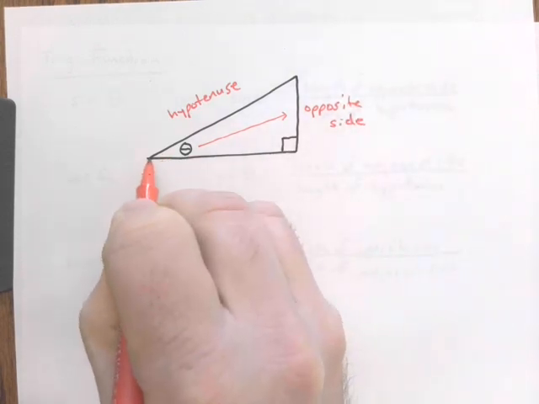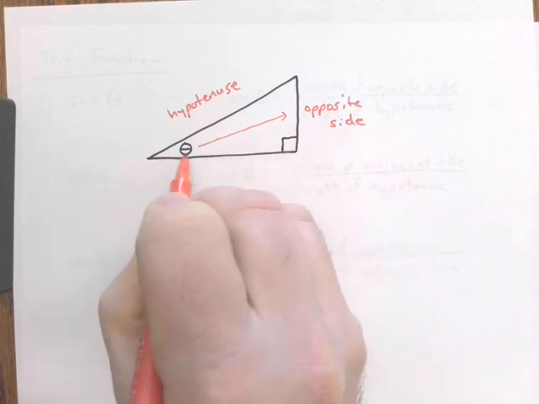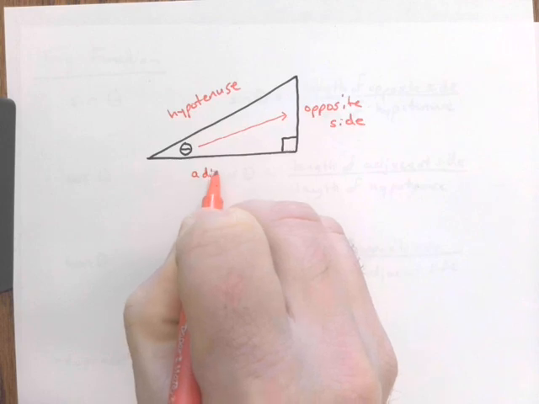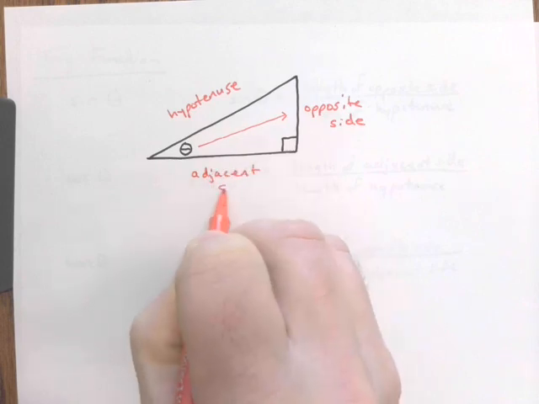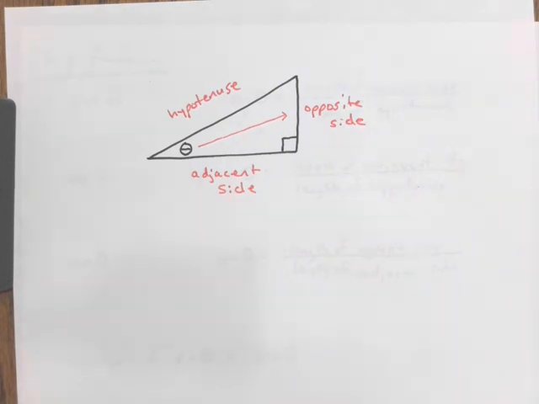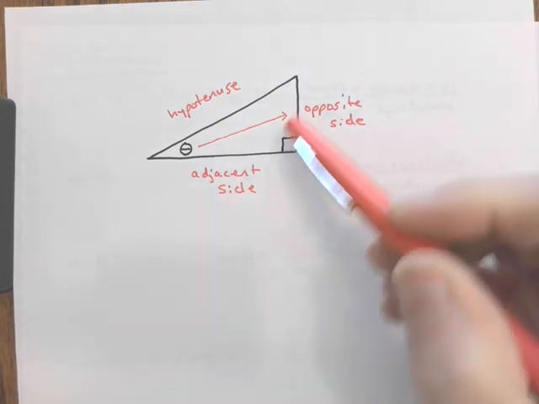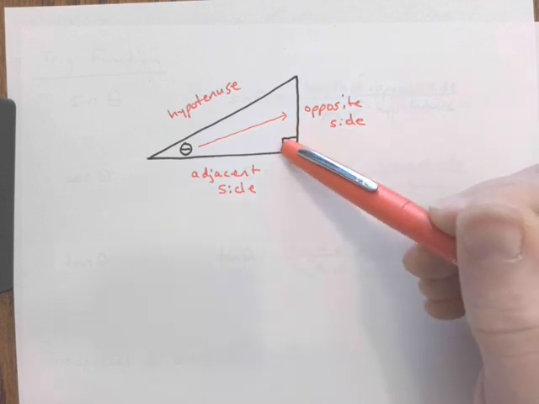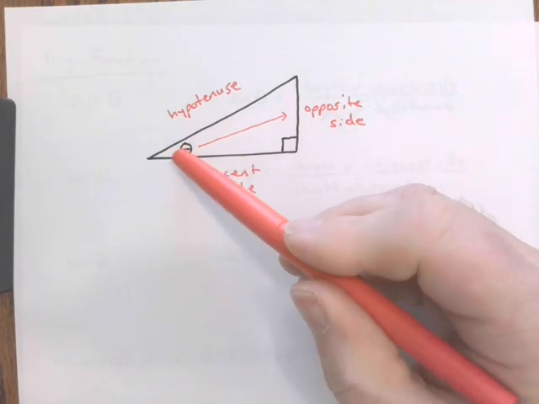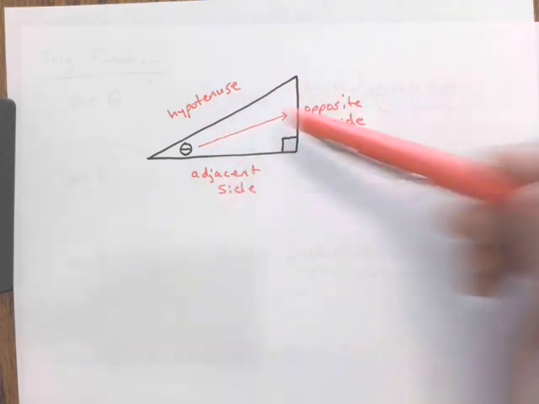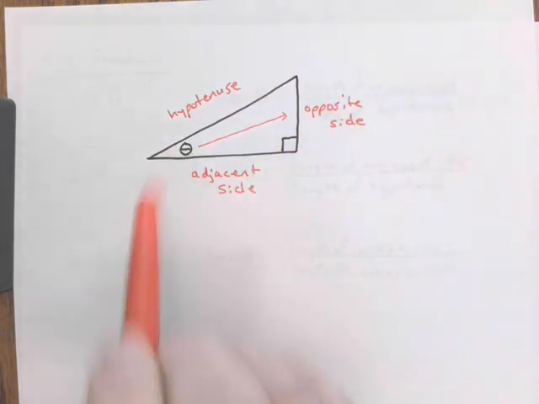And then we have the other side here, which touches our angle theta, and we call that the adjacent side. So with trigonometry, we have a right triangle, so one of our angles is a right angle, and then we will describe the triangle with regards to the side lengths and this angle theta.